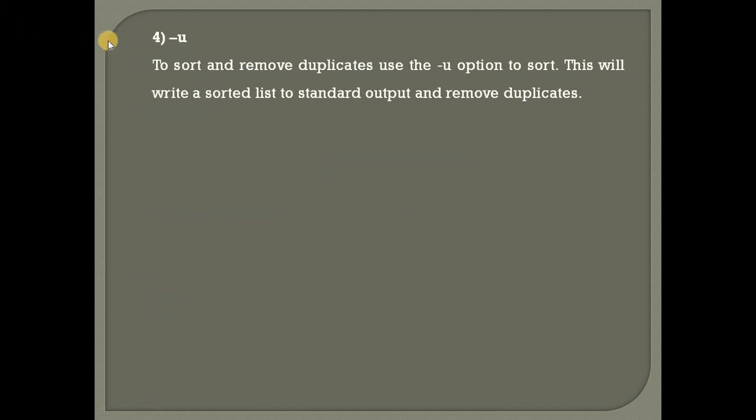Next option, -u. To sort and remove duplicates from the file, use the -u option with sort. This will write a sorted list to standard output and remove duplicates. So suppose I have created a file cars.txt which contains these 5 records. Now you can see that there is BMW here and BMW here.